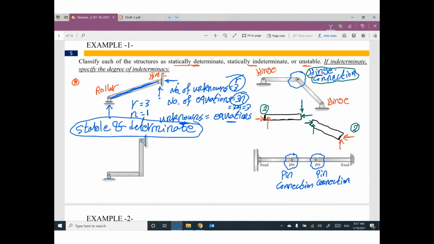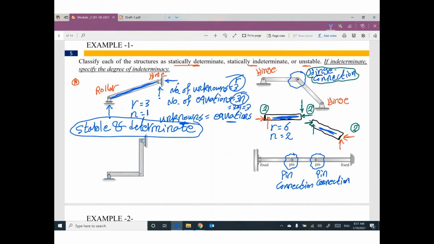And how many reactions here at this connection? We have only 2, not 4, 2. So finally, R equal 6. 2, 2, 2, 6. How many parts? We have this part and this part, so we have 2 parts. N equal 2.